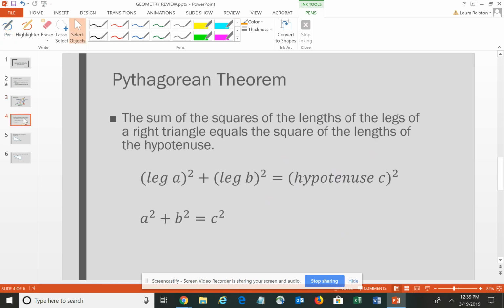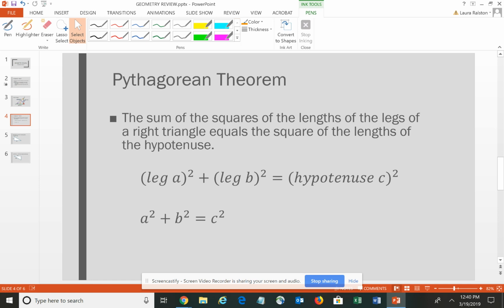In formal math language, the Pythagorean theorem says the sum of the squares of the lengths of the legs of a right triangle equals the square of the length of the hypotenuse. So in symbols, if you take leg A, square it, take leg B, square it, and add them together, that equals the hypotenuse squared.